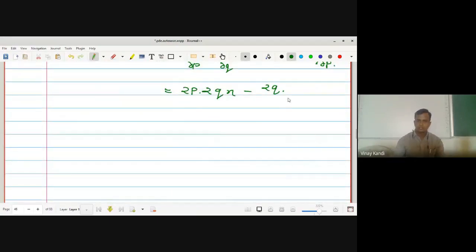So this is 2px minus z. Now solve this one.